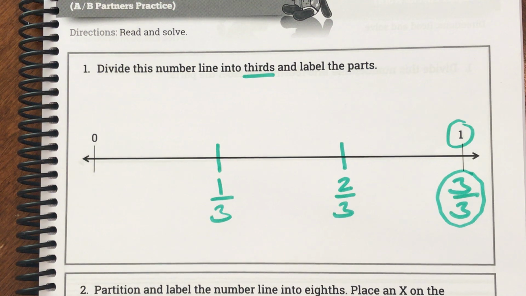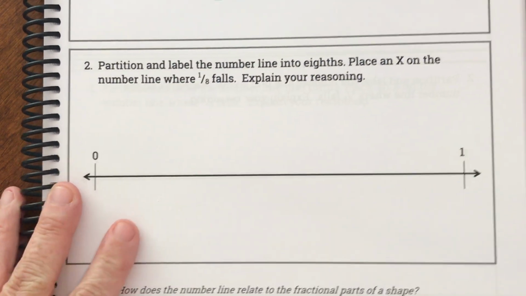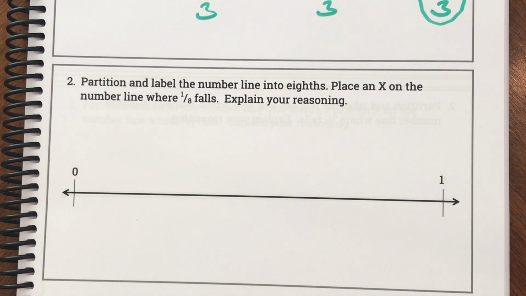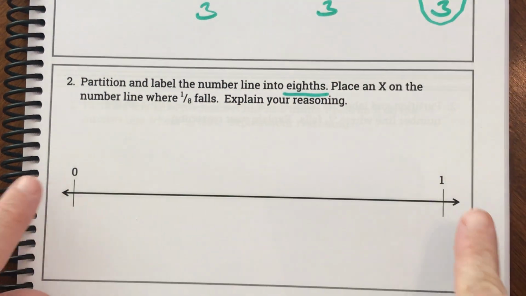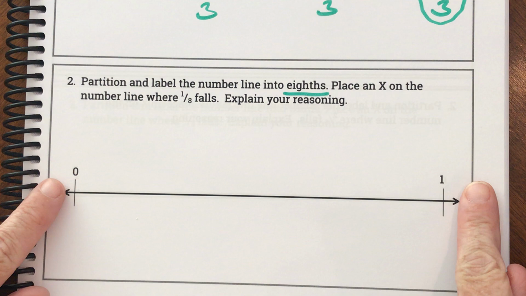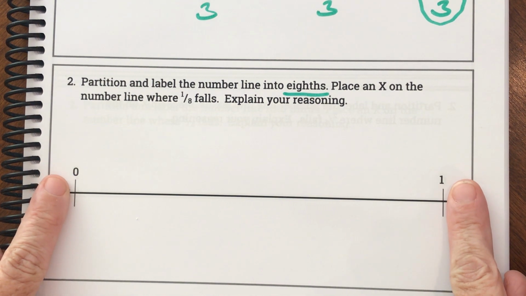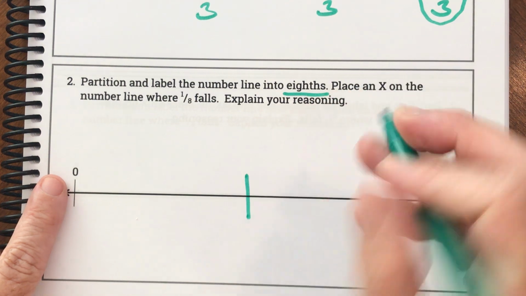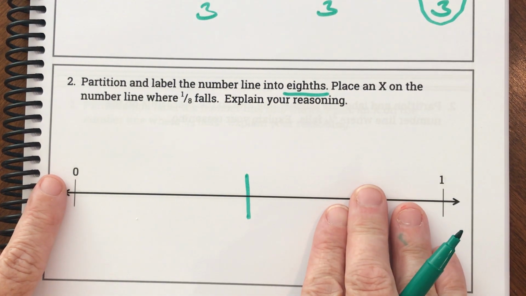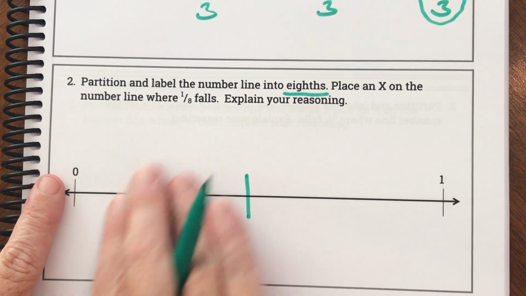Okay, let's try another one. This one says, partition and label the number line into eighths. So we need this cut into eighths. Okay, so I think the easiest way is let's first cut it into 2 pieces, which means we need this into 4 pieces.